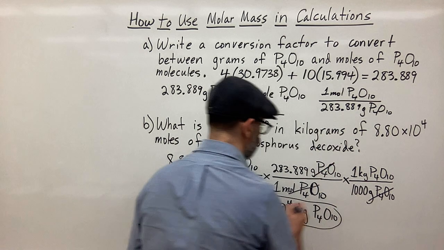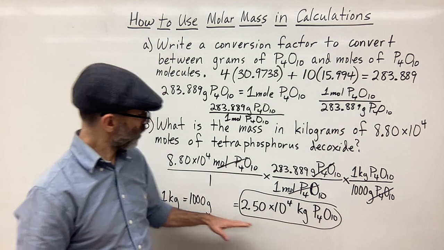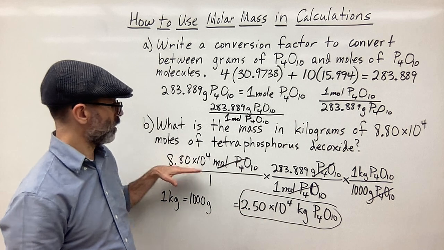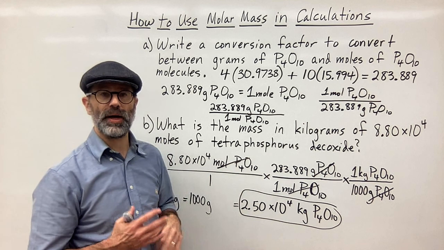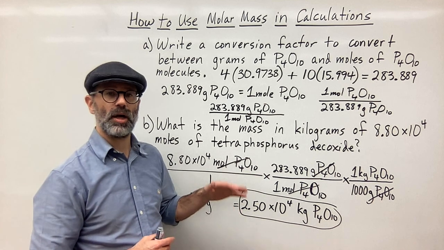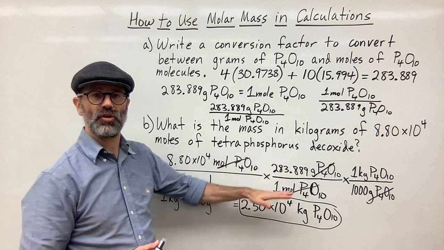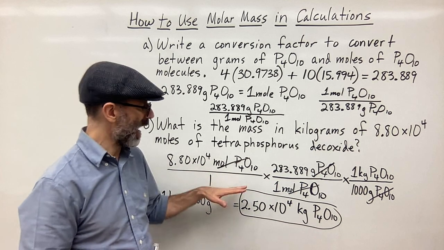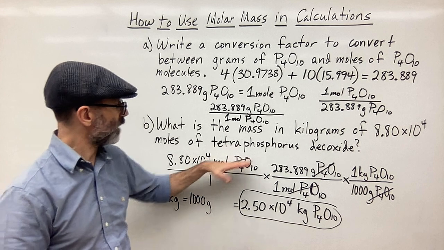Now, for those of you who are interested in the sig figs, notice I put this in 3 sig figs. The reason is that the rule for multiplying and dividing is that your answer should have the same number of sig figs as the inexact measure that you multiply and divide.